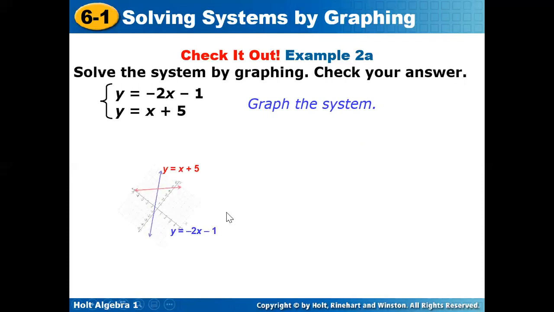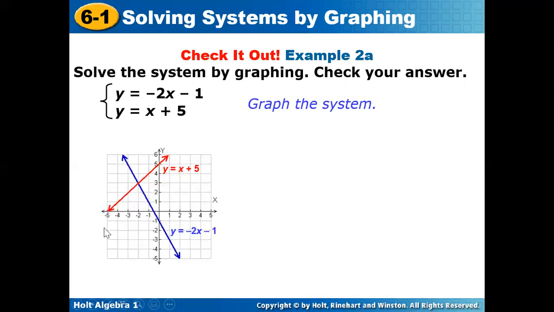All right. So these are both already in slope-intercept form. You see that for this equation, our y-intercept is -1, and our slope is a -2 over 1, or a 2 over -1. So we'll go up 2 and over 1 to the left, up 2 and over 1 to the left, drawing our line.